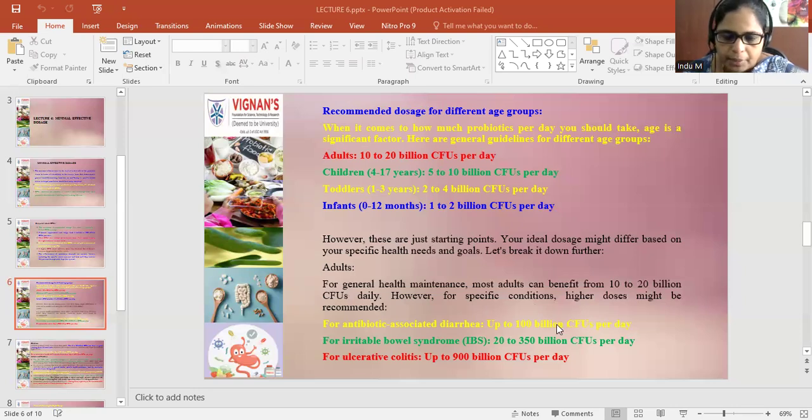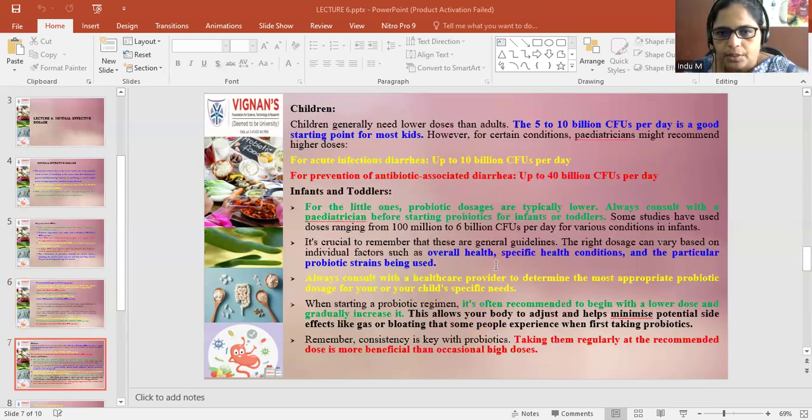For irritable bowel syndrome, 20 to 350 billion colony forming units per day. For ulcerative colitis, up to 900 billion colony forming units per day. So there is a general recommended dose for adults, and if anyone is affected with any particular disorder or disease, we have to recommend higher doses.